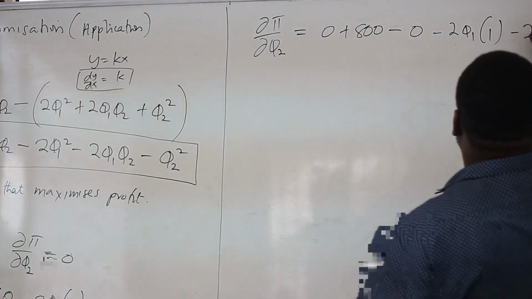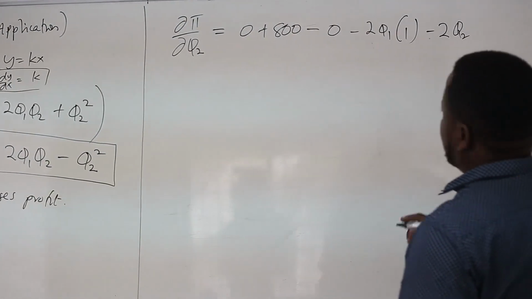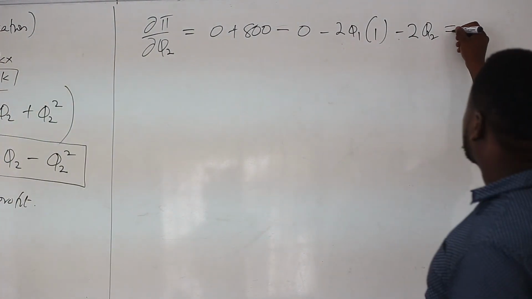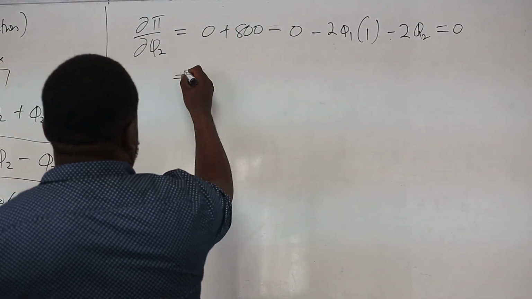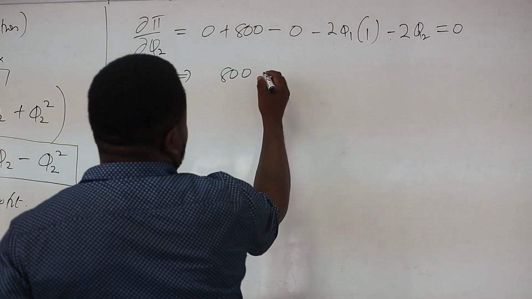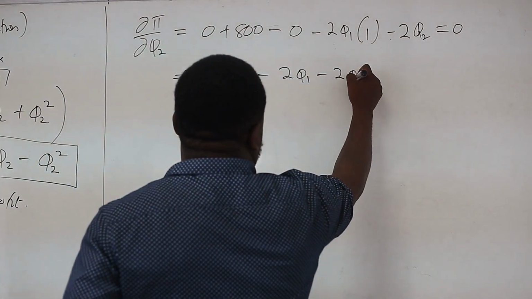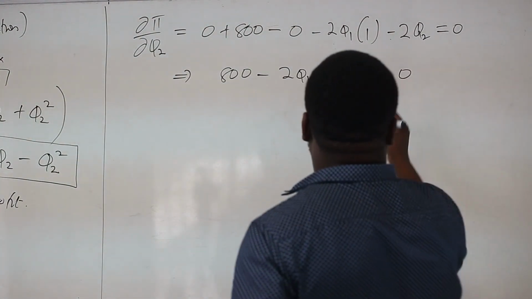So we have minus 2 comes down. We have Q2. 2 minus 1 is 1, so we don't write that. The law says this should be equal to 0. So this implies that 800 minus 2Q1 minus 2Q2 should be equal to 0.